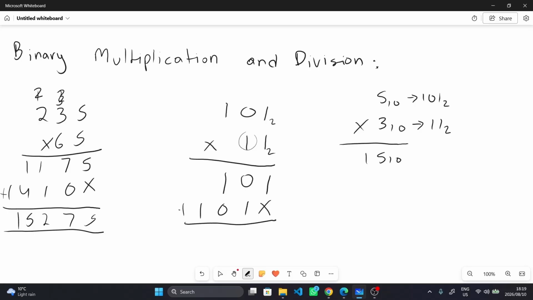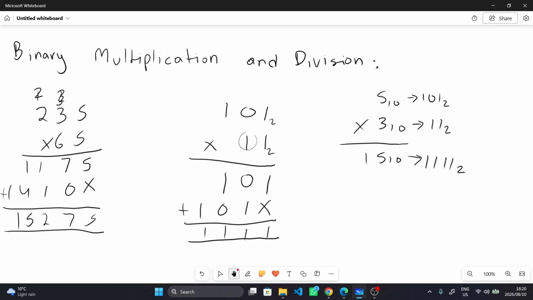Then you add everything together. So that will give you 1111. Right, so this is a simple example for us to do multiplication in binary. And if you check the binary conversion, that 1111 is 15 in binary.